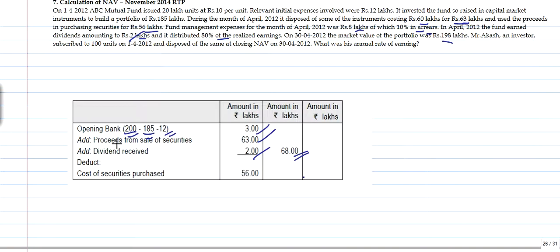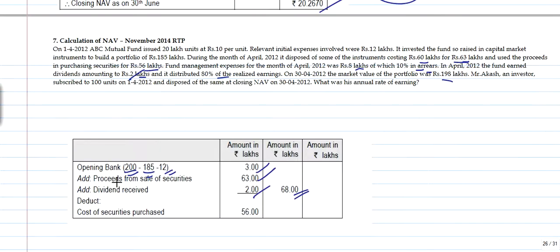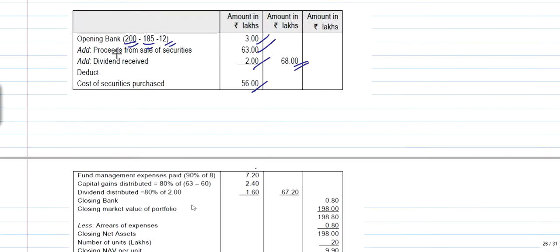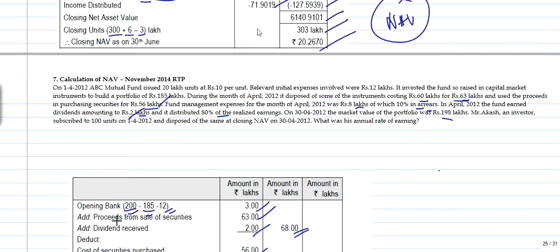There is a purchase of securities of 56 lakh here, outflow. Cost of security is 56 lakh. Then there is an expense of 8 lakh, but of the 8 lakh only 90 percent is paid, 7.2. Then capital gain distribution. Yes, there is a capital gain, right?